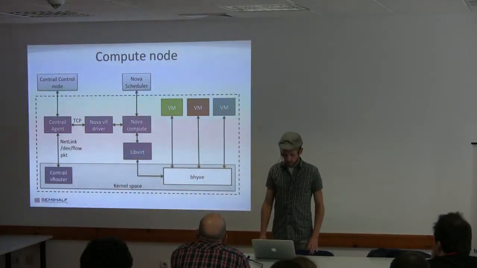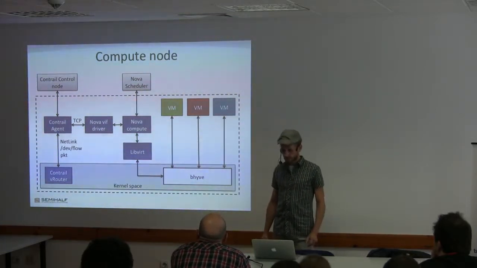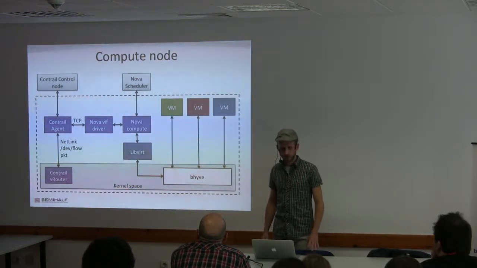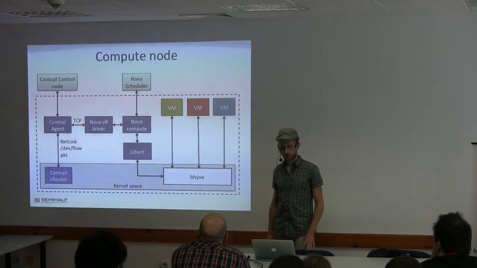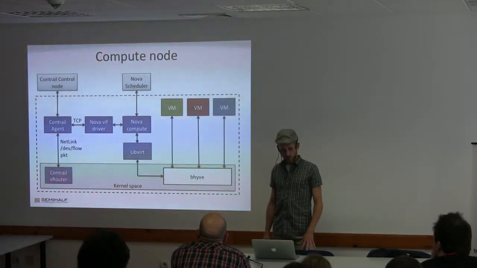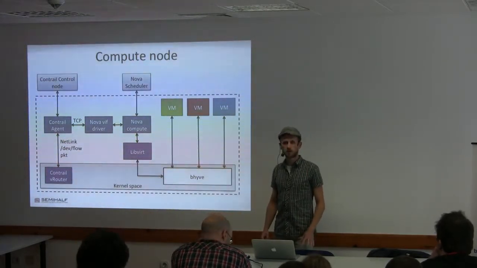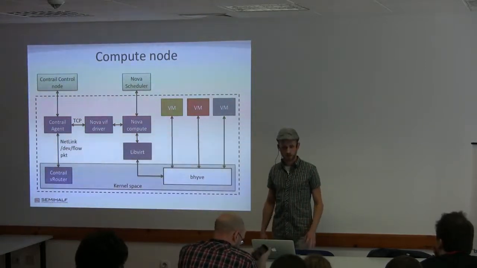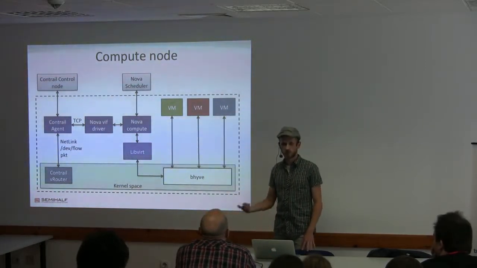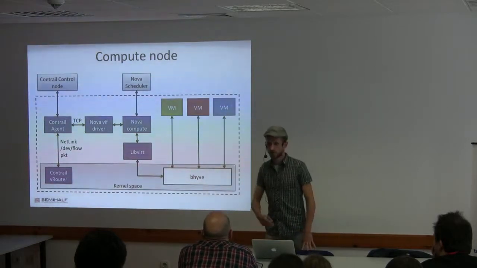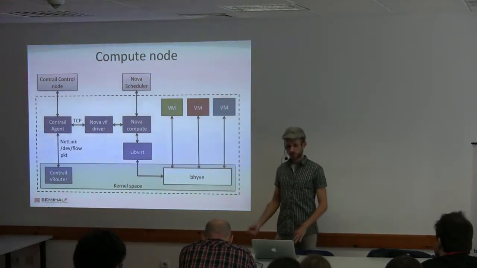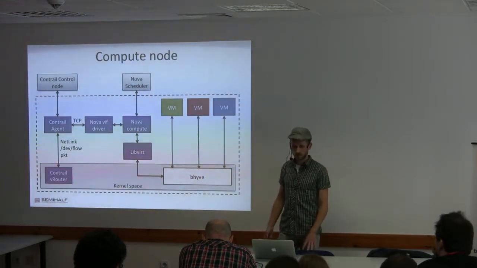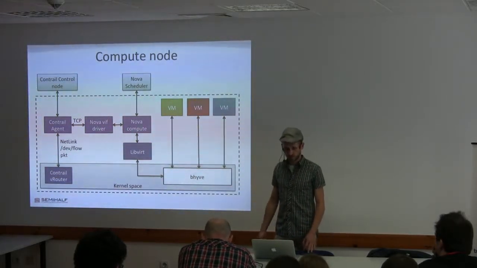And the main task of the Contrail agent is to communicate with the vRouter, which is a kernel module. And the vRouter doesn't have any intelligence in itself. It just has forwarding tables, flow tables, and this kind of stuff, and it just puts packets from one port to another port, or from one VM to another VM, does encapsulation and this kind of stuff.